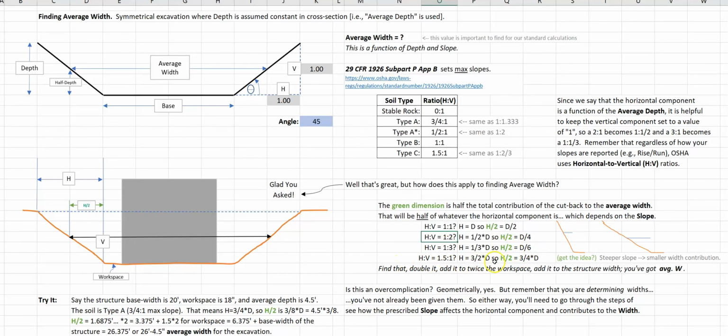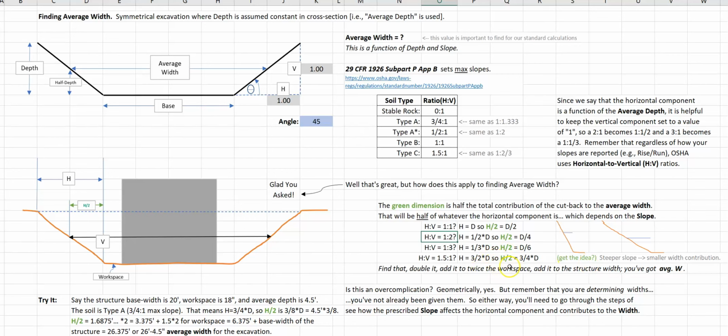Great. And I gave you another example here, a 1.5 horizontal, just to show you what a type C would look like. That would be 3/2 height for every 1 vertical. So again, we're considering vertical to be the average depth here, right? Equivalent.